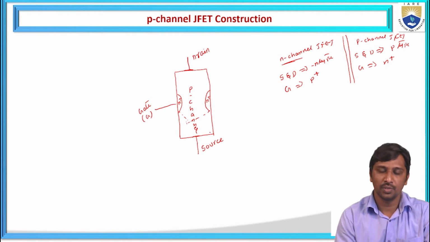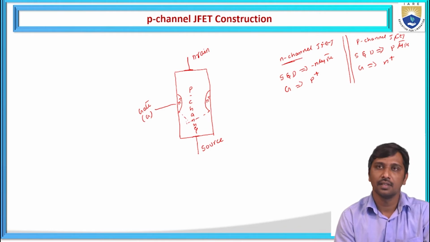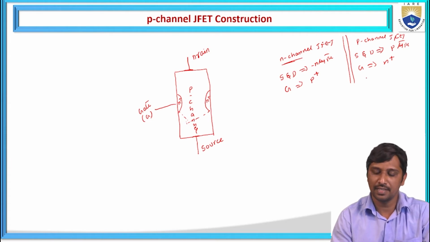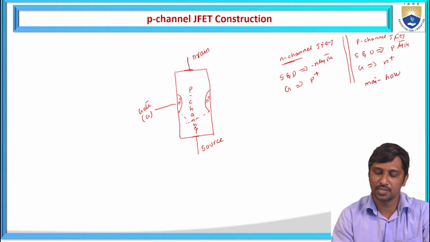And if you want to allow the conduction in this P channel JFET, the conduction depends upon the majority charge carriers. If you consider this P channel JFET, the majority charge carriers are holes. Suppose we consider the N channel JFET, the majority charge carriers are electrons.